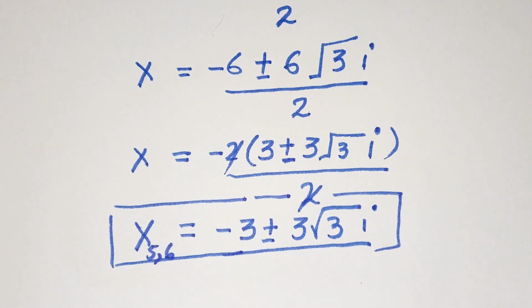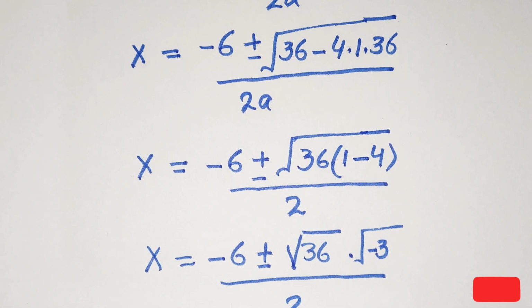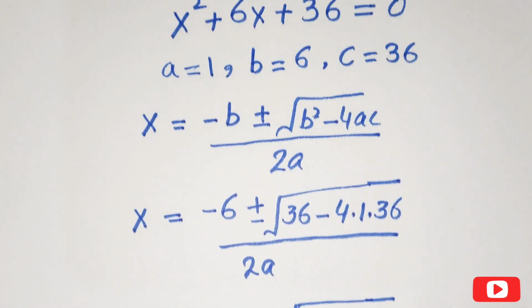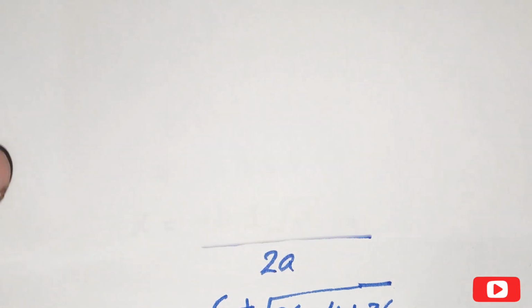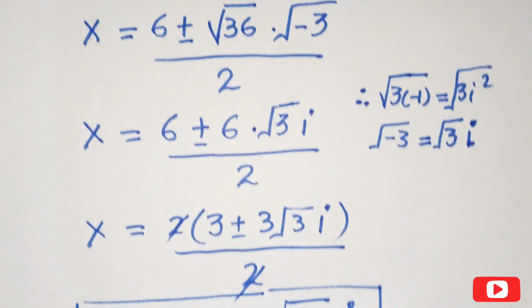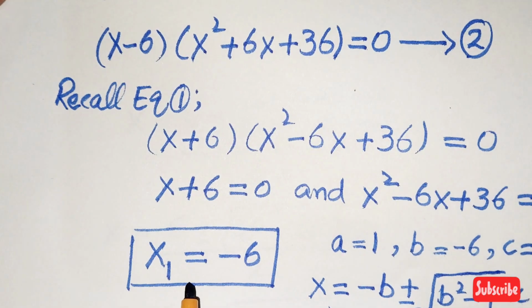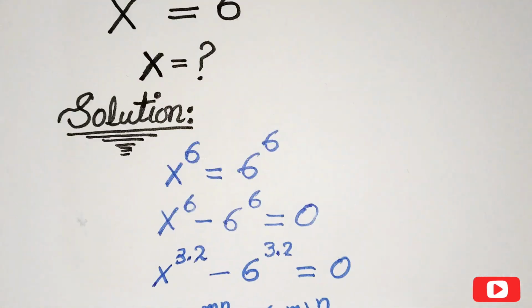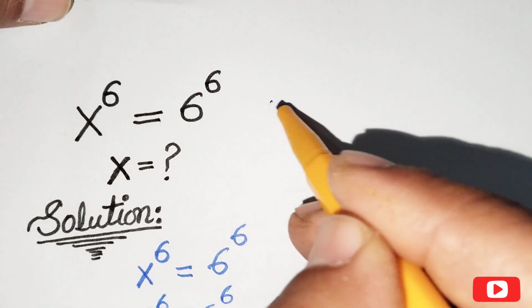So these are actually 6 values of x, and now we are going to write our complete solution. We have the value of x4, and similarly we have found the values of x2 and x3, and now we have found the value of x1. So our final solution consists of the real values and the imaginary values.